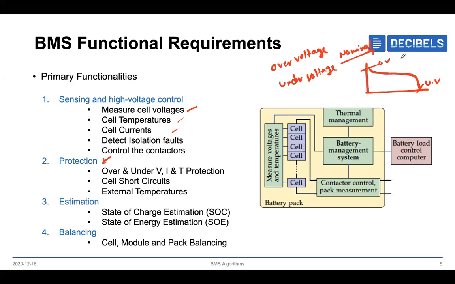So basically for lithium ion, it will most probably be 4.2, and this will be somewhere around 2.8 volts. This might vary with 0.1 or 0.2 tolerance values. But yeah, these are the limits for most of the lithium ion cells. That's one important priority of the protection circuitry.